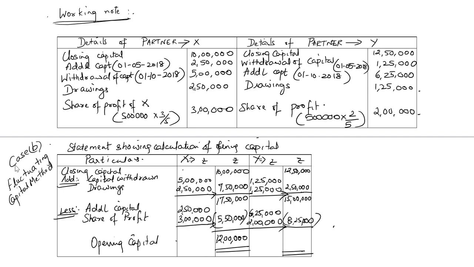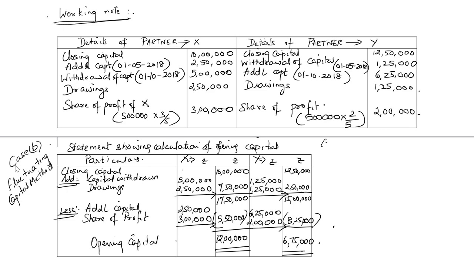And for Y, it's rupees 15 lakh minus 8 lakh 25,000, which is equal to rupees 6 lakh 75,000. So we've calculated the opening capital for X and Y. For X it's 12 lakh and for Y it's 6 lakh 75,000.